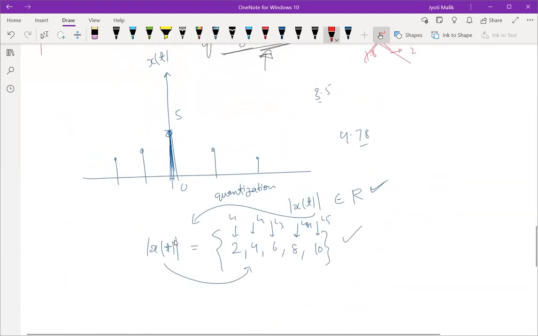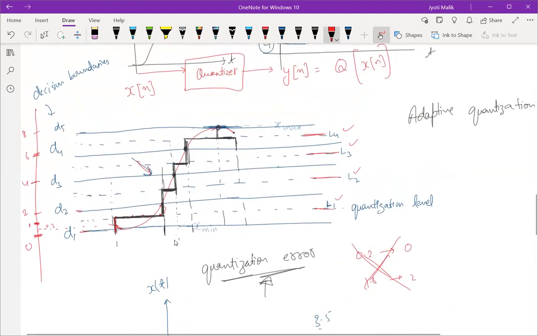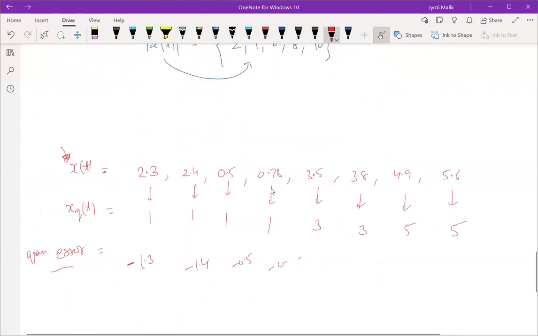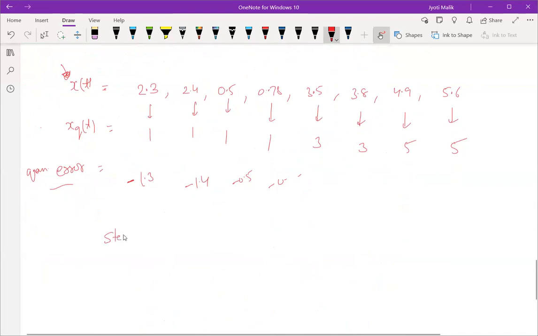For that, let me just tell you the difference between two quantization levels and two decision boundaries. This we denote by delta, and it is the same between the decision boundaries and the quantization levels. I'm defining a term called step size, which is delta.